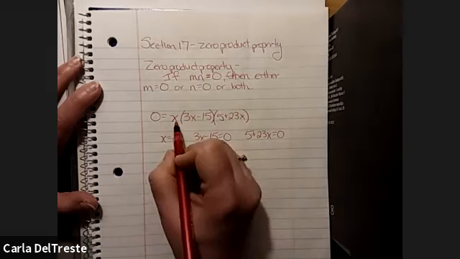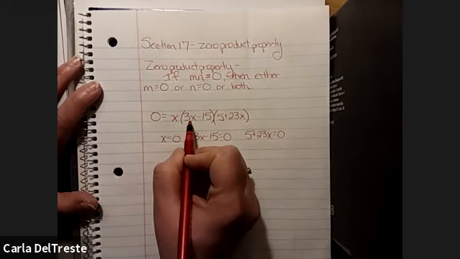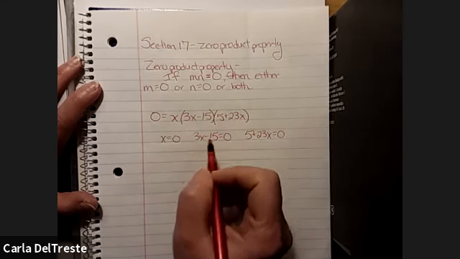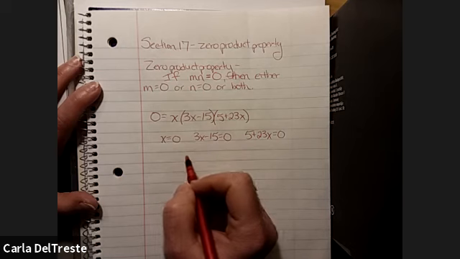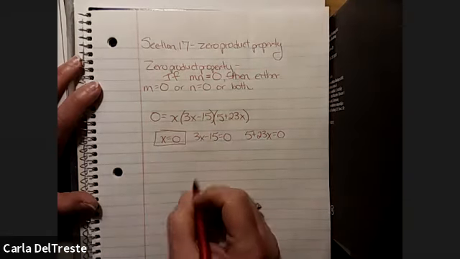But in order for this multiplication to equal 0, one of these things has to equal 0. So one of those solutions is already there, x is 0, okay?